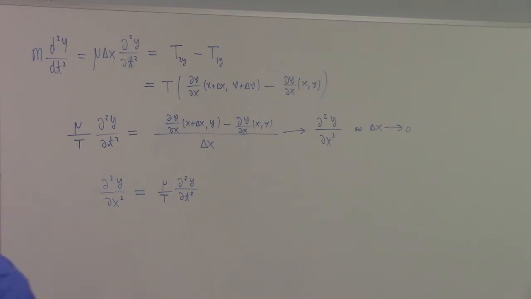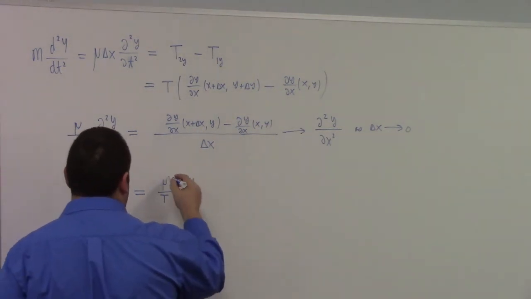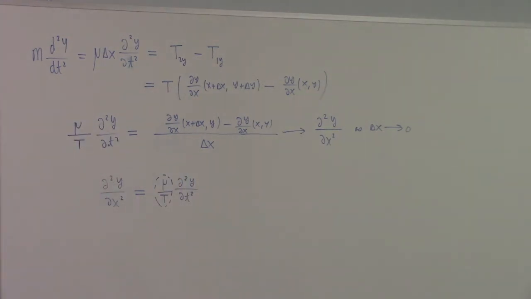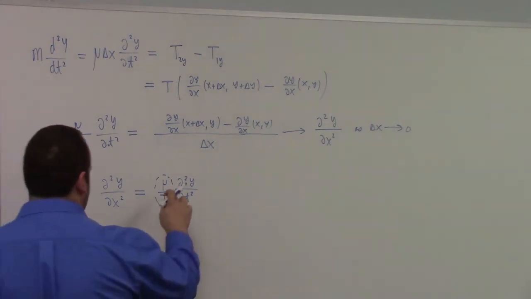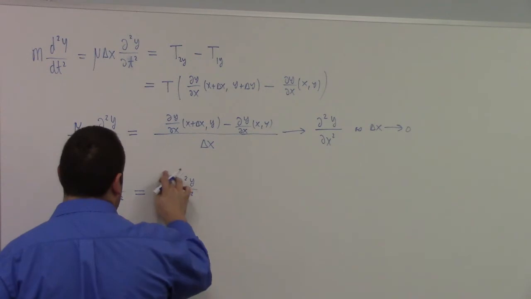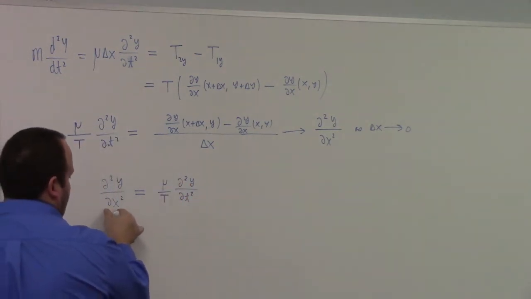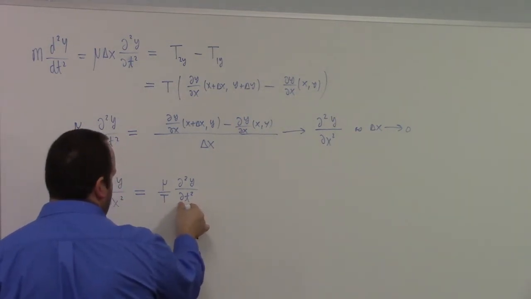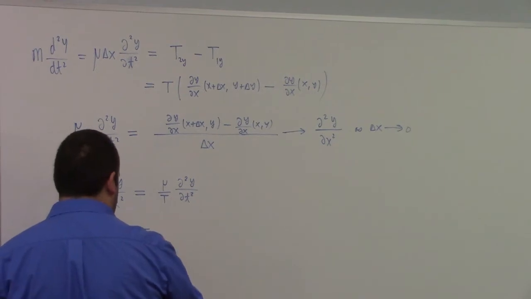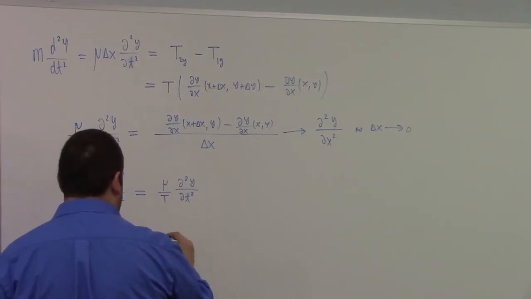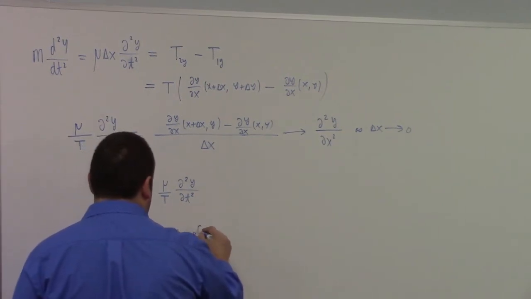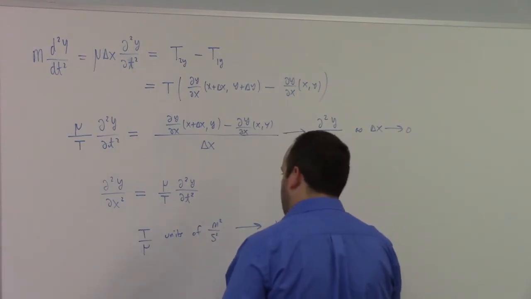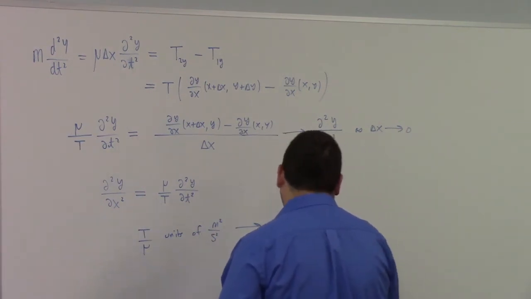So by dimensional analysis, what kind of factor is this? Basically you've got a division by meters squared over here, and division by seconds squared over here, everything else being equal. So we must have that T over mu is something like meters squared per second squared. So it implies that v is equal to the square root of mu over T. That's the speed of the wave.